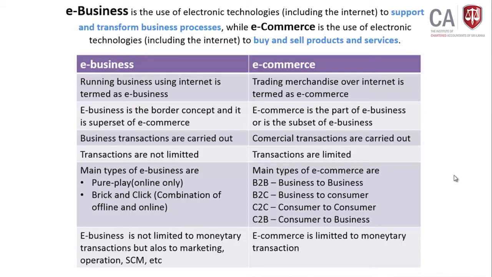You are selling goods and products through the internet. Here you are running the business using the internet, here you are selling the products using the internet. This is the way that you can identify the differences between both.